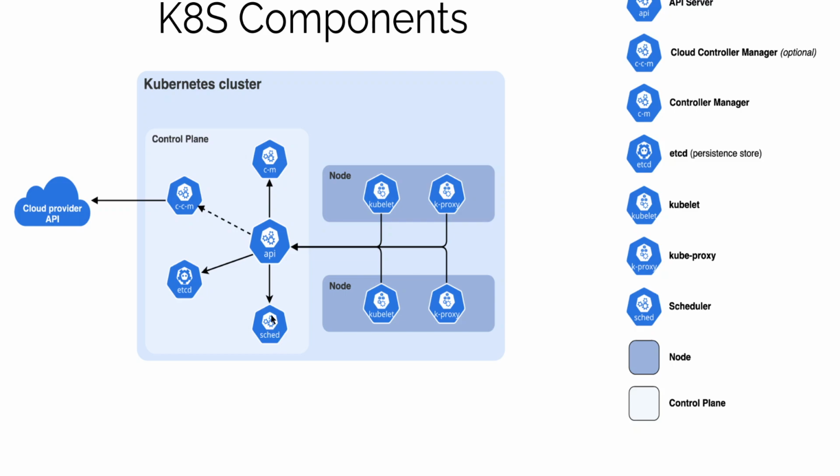So scheduler is used for scheduling upscaling and downscaling, and also for other maintenance issues. So every node has got a kubelet and a K proxy. So through these kubelets you can configure your nodes, and you can communicate between the nodes and the manager or control plane using an API.